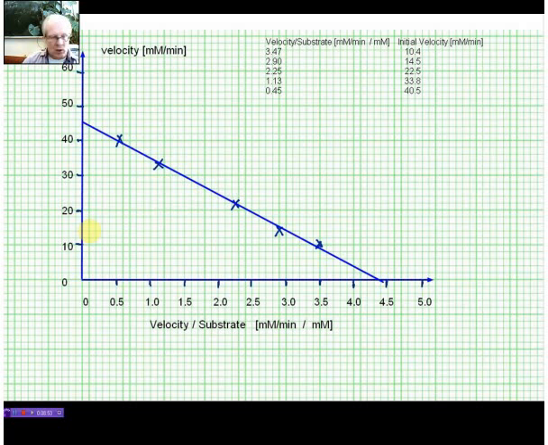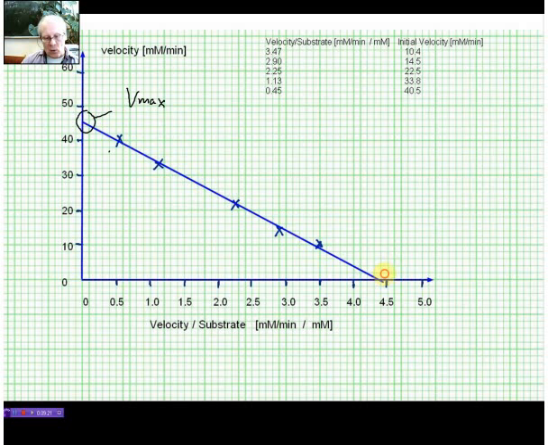And what we do know is that because we've got the velocity here on the y-axis, this intercept here actually represents our Vmax. So this point, and we can read this, that is probably around 44.5. We can read this very nicely from the graph.